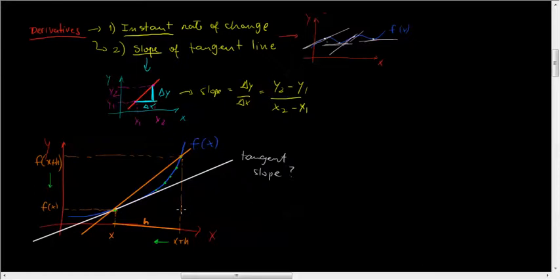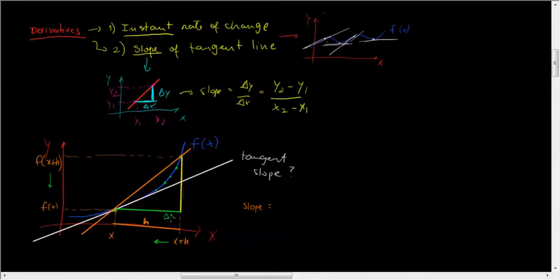So let's write down the expression for the slope. From what we saw before, the slope of the secant line equals delta y divided by delta x.